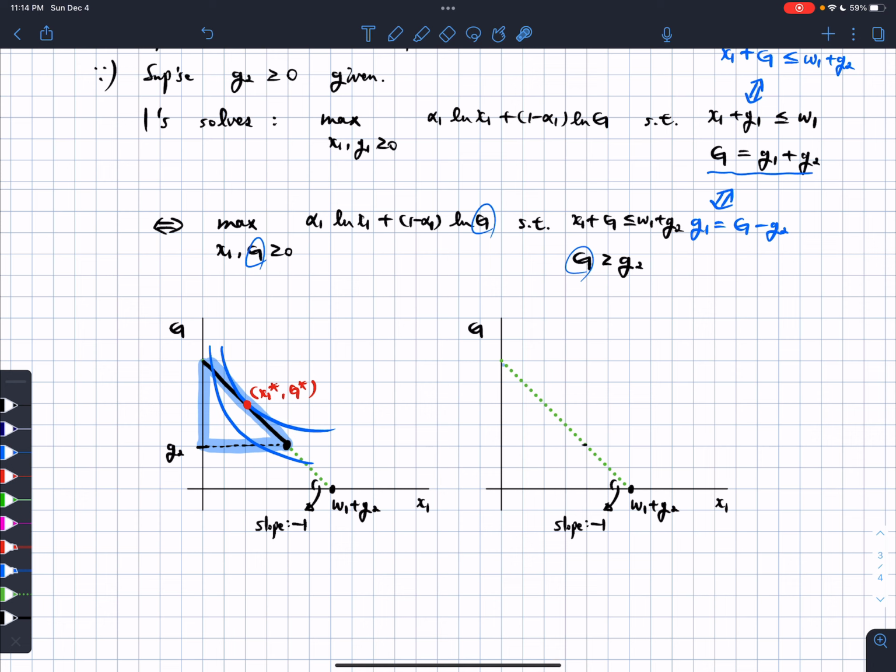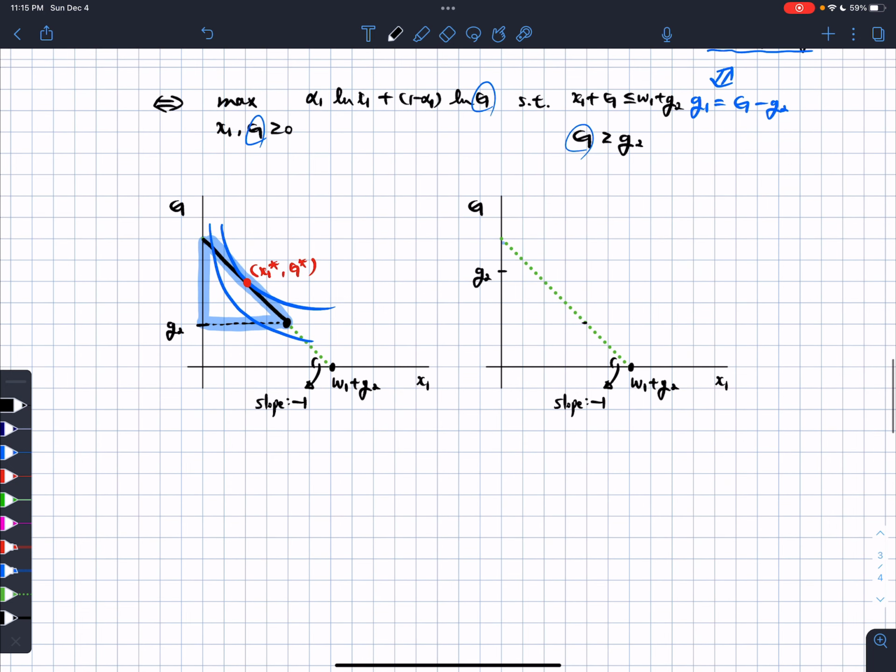Okay, and here we have the usual tangency of the indifference curve with this budget line, right? But if this G2 is too big, say all the way up here, then we would not have this kind of tangency. So the distinction between these two cases is that here G2 is small, and on the right hand side G2 is kind of large.